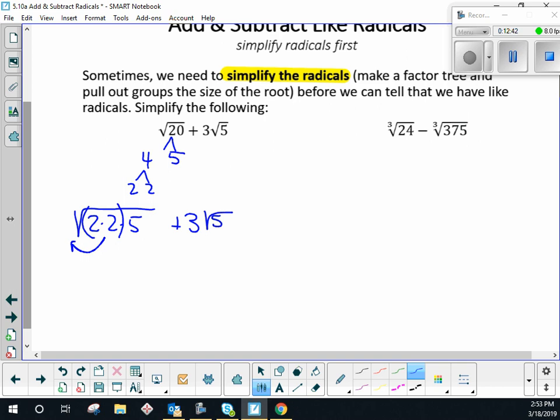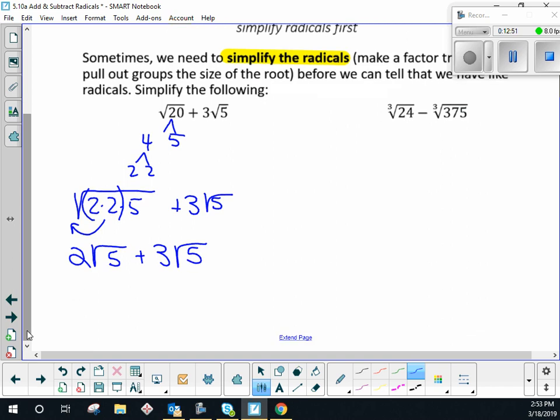I'm going to pull out 1 to the front. 2 rad 5 plus 3 rad 5. 5 rad 5, right? So now they have the same radicand, and we can do the math. You try the next problem. They both have to do factor trees on the next one, okay?